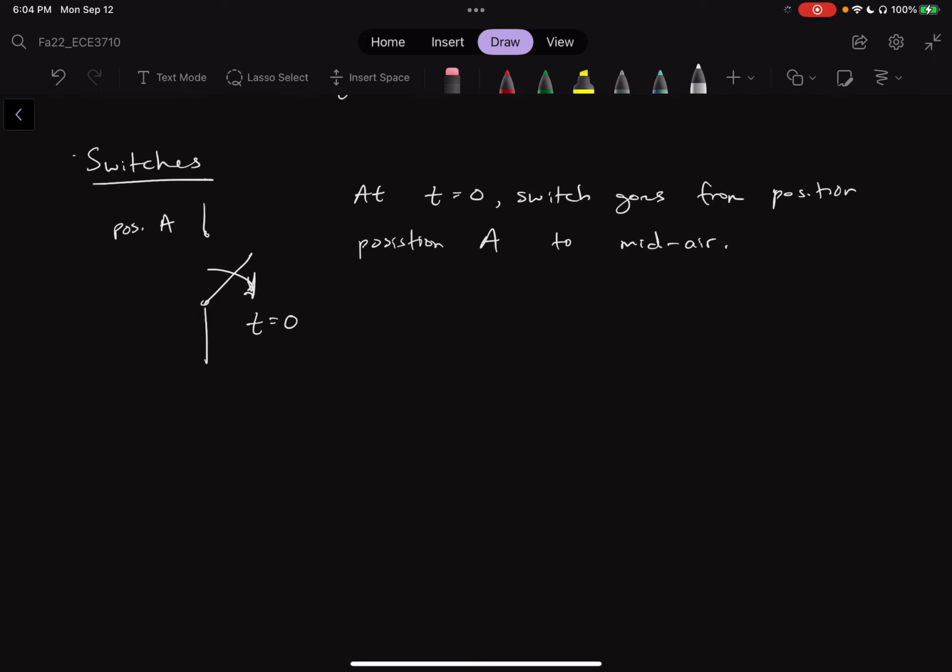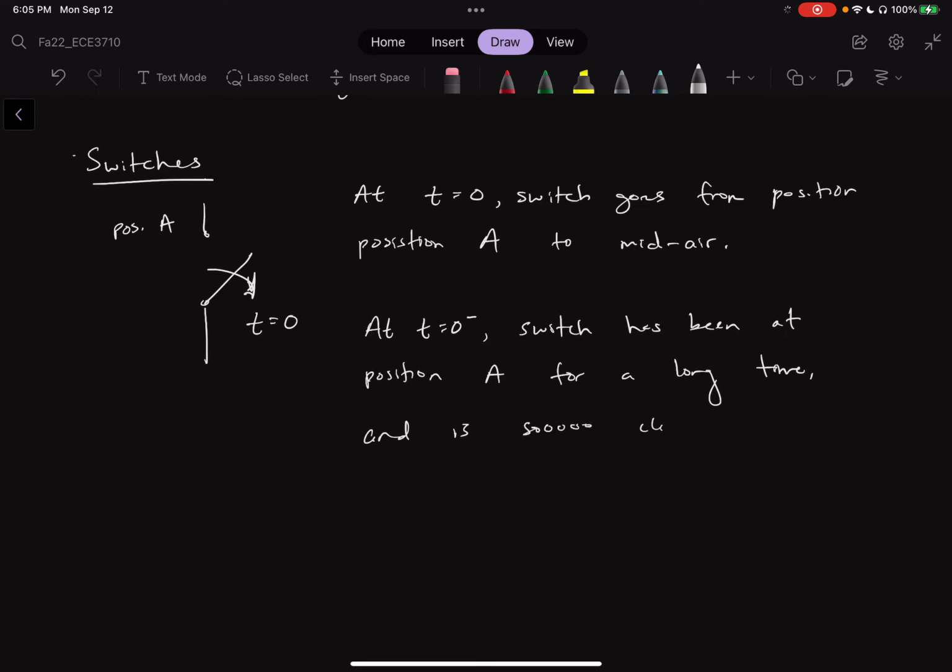Now, at t equal to 0 minus, the switch has been at position A for a long time and is so close to being switched to midair.